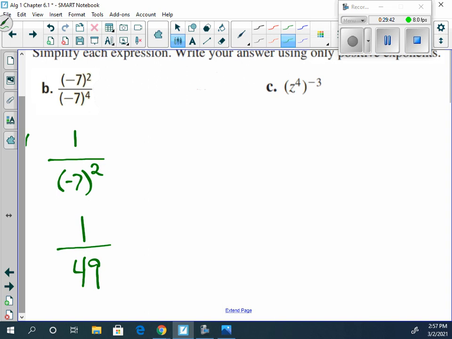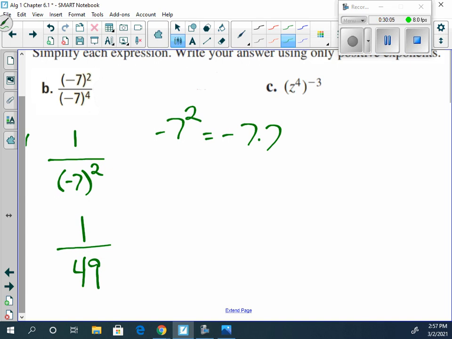Because what the calculator is doing is squaring the 7 without those parentheses and not the negative. What it thinks it's saying is negative 7 times 7. It's squaring the 7, not the negative.